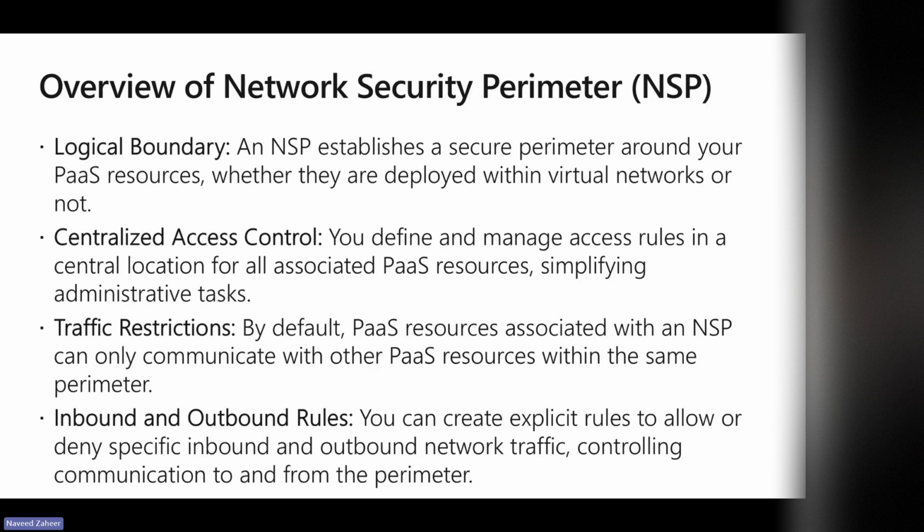Or the other way around, you may have some FQDNs that you don't want to access and they're accessing it, or there are IP addresses trying to come in, so you can loosen the rules or make them more strict, all of that, and then you do the enforce mode. So that's a very powerful feature of NSP.